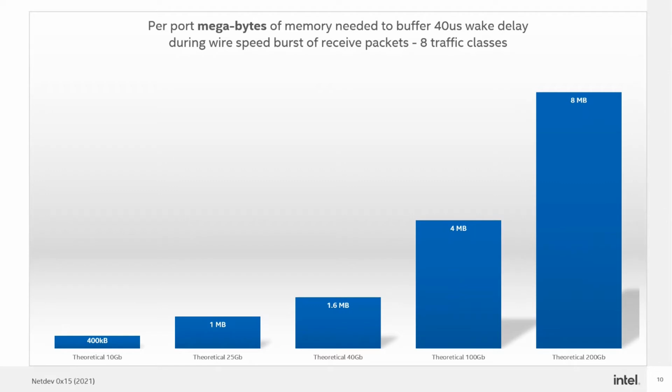At 200 gigabit with 8 traffic classes, meaning the FIFO or the memory is divided into 8 pieces, you would theoretically need 8 megabytes to store 40 microseconds of incoming wire speed traffic. So a burst of traffic would need that much storage. You can see the other sizes here as well.